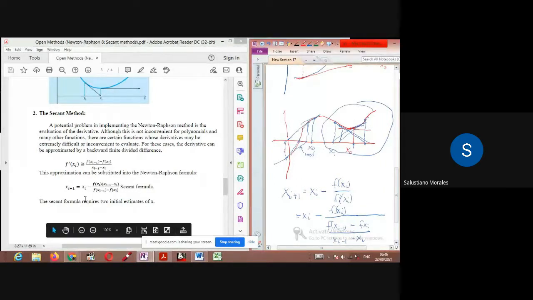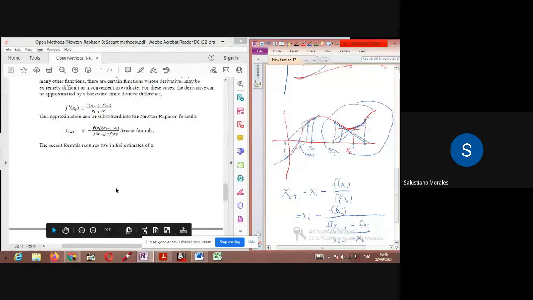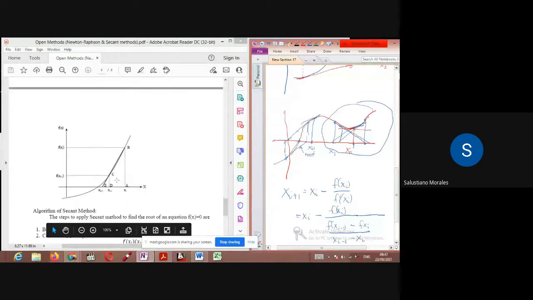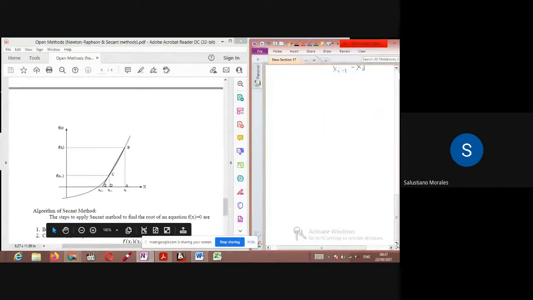And then we have now the second formula. We already eliminated the evaluation of the derivative. So the second formula requires two initial estimates of x. So meron tayong initial values of x as x_i and x_{i-1}. So it should be illustrated like this. So, okay, again, I will draw another, sulatan ko.